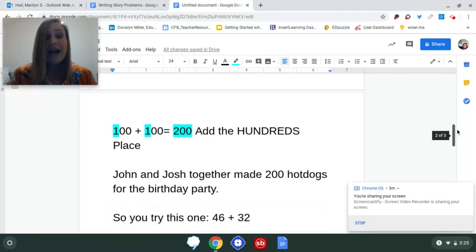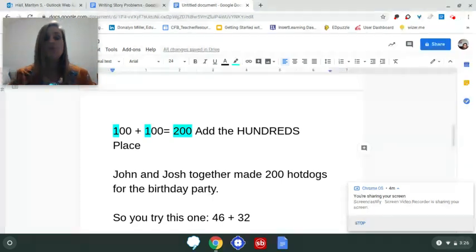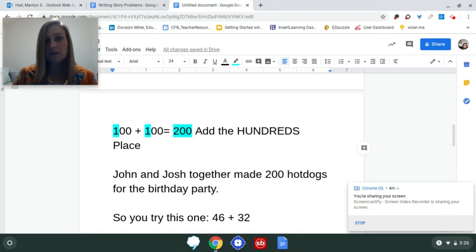Now we're going to add the hundreds place. So I had 125. That's 100 that we're going to add to the 100 that we've already got. So that's going to give me 200. Now, I need to justify my answer by using a sentence. So John and Josh together made 200 hot dogs for the birthday party.